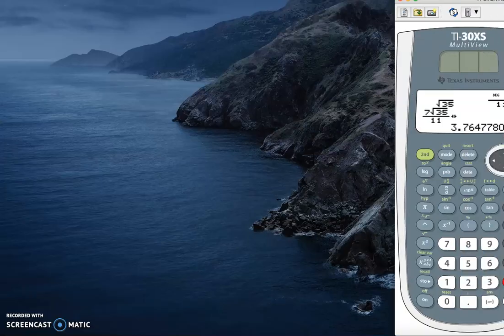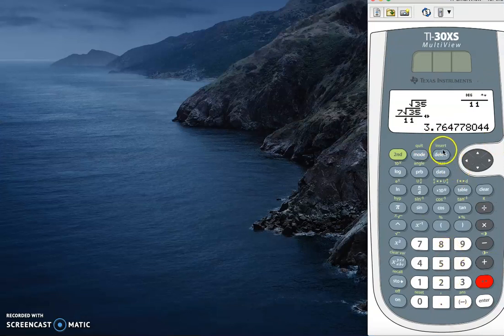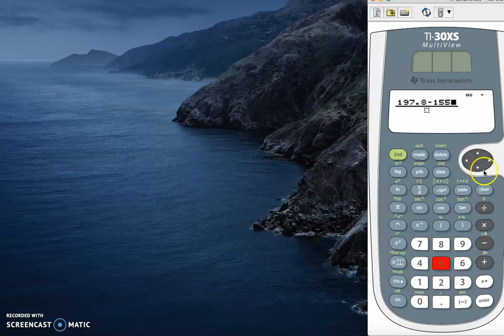So if I use the calculator, I do this one: 197.8 minus 155 over 33 over the square root of 20.